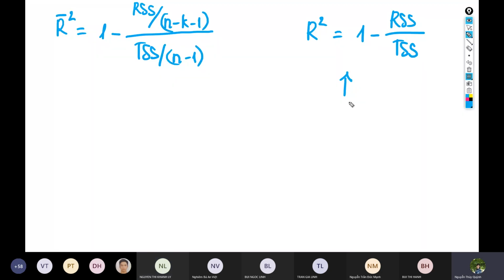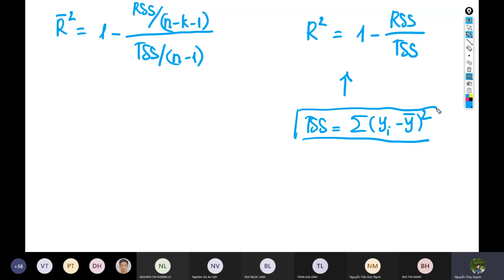You can see that TSS here is the sum of our observed value of Y minus the sample mean of Y. And this value is independent of the model. You can use any model to explain the variation in the value of Y, but the TSS here is not changed, as long as your dependent variable stays the same.